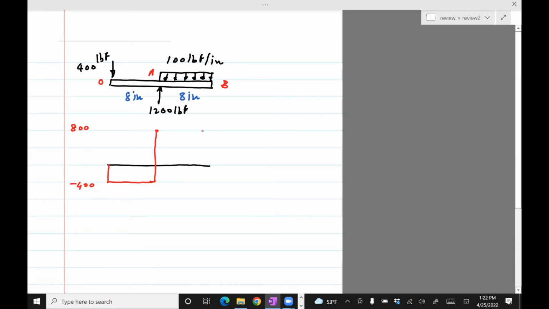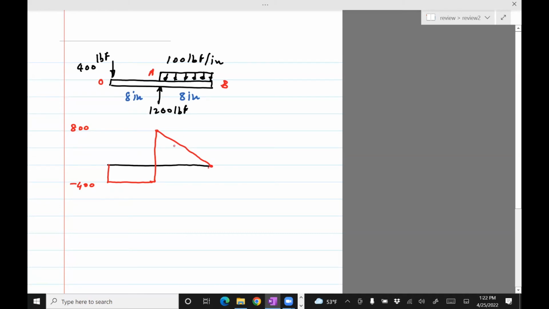So if there is a distributed load, then that load will give a linear contribution to the shear force diagram. So we'll see that the shear force decreases and goes to 0.